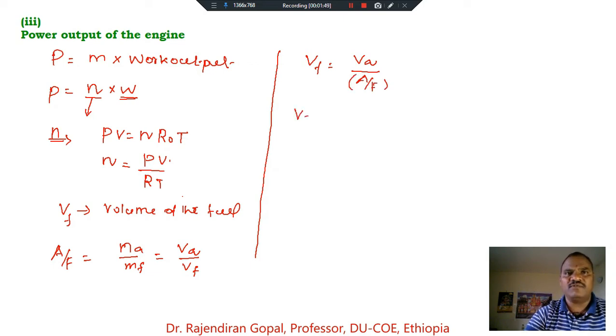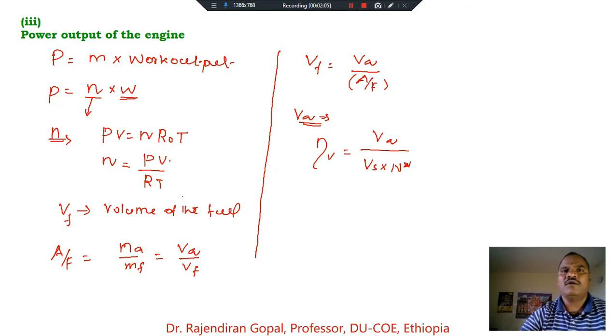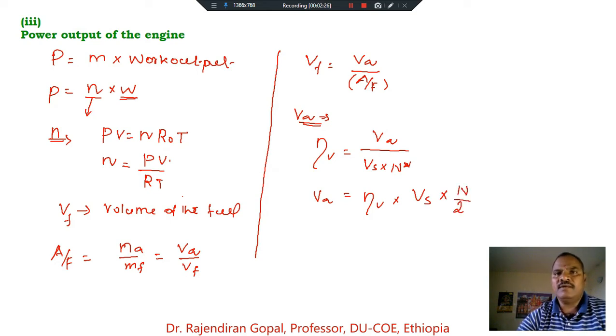Now the unknown term is volume of air, that we can derive from the volumetric efficiency, which is equal to the volume of air over the volume equivalent to the swept volume. That is, volume of air is equal to volumetric efficiency multiplied by swept volume multiplied by N, which can be written as N by 2 for a 4-stroke engine.